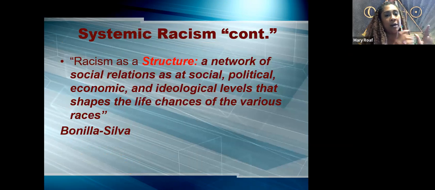So here is a definition of systemic racism, or racism as a structure. And so it encompasses social relations as well as social, political, economic, and ideological frameworks that shape the life chances of the various racialized groups. We know that there is no such thing as race. It is a social construction.